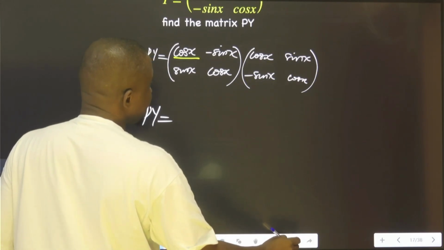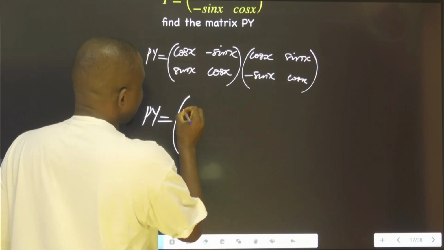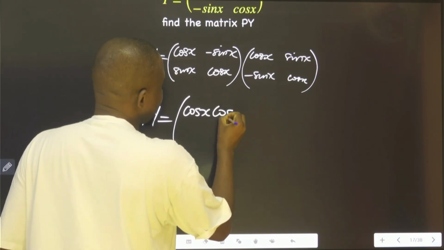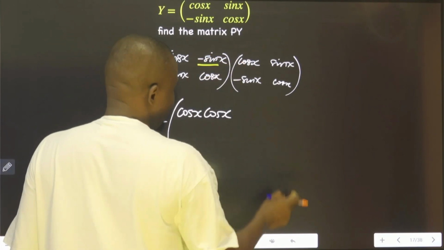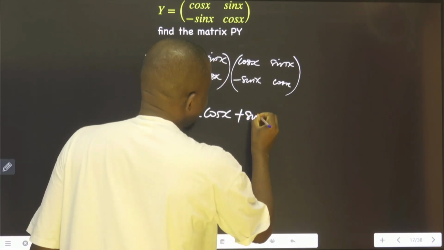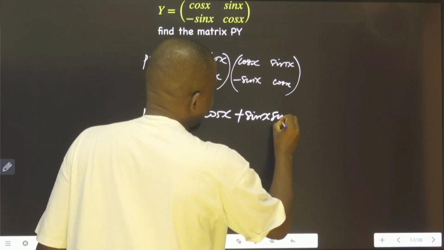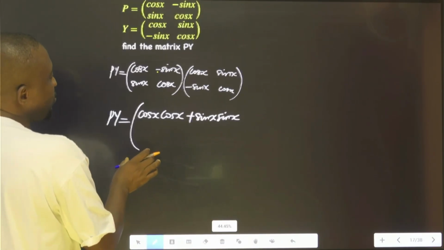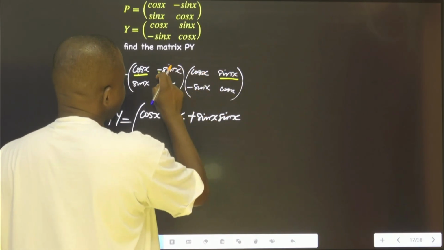Okay? That is to say, cos X cos X, then this, which is plus, minus will be plus, sin X sin X. After that, we go for the second one, that is this multiplied by this, then this multiplied by this.